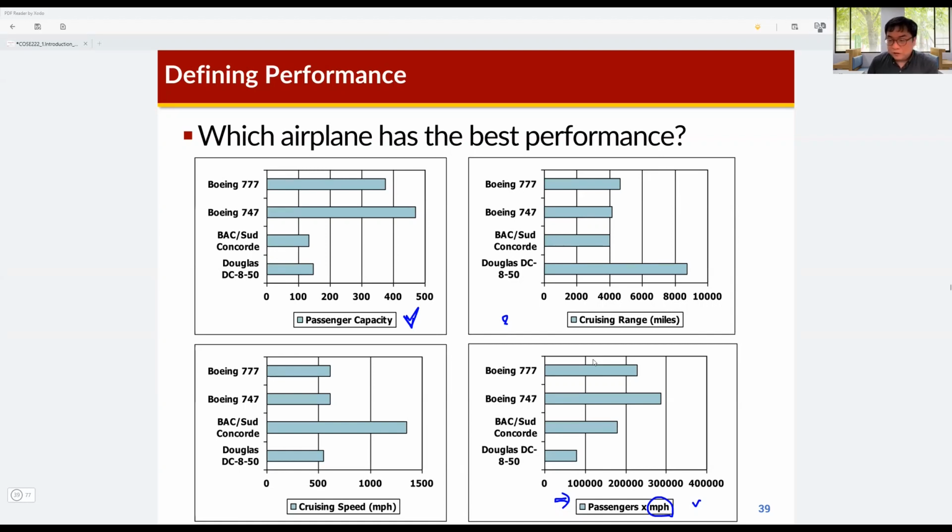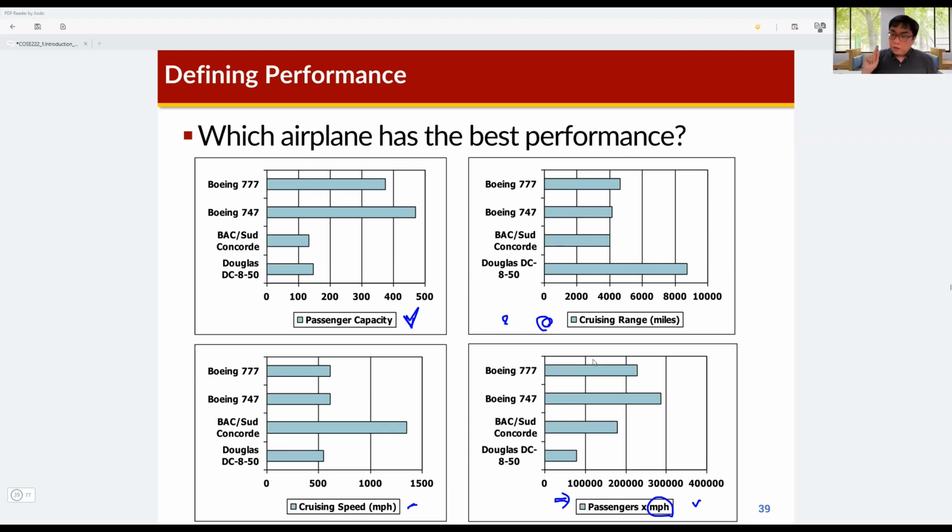Also, if you just focus on the distance, then we need to consider this metric. The speed is the kind of performance. But if you consider some combined performance, we need to consider also the number of passengers which can be transferred by this one airplane.